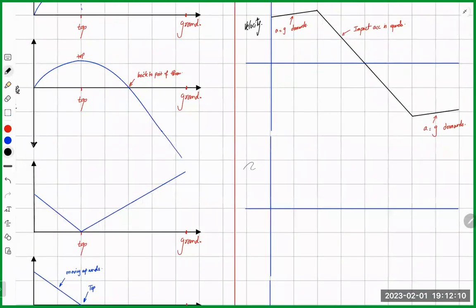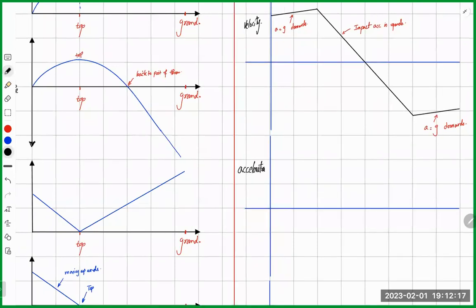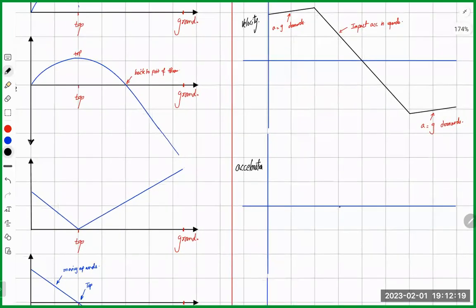How about acceleration? There is a positive constant acceleration, then there is a negative constant acceleration, and then there is a positive constant acceleration.